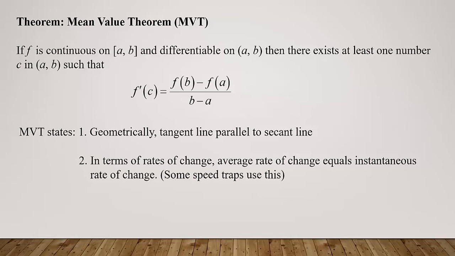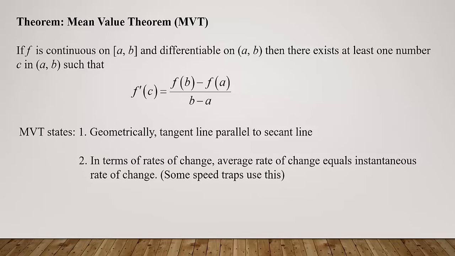And I'm mentioning here again that some speed traps are predicated on this. You can be clocked over any given distance to see how long it takes you to travel the distance. That gives you your average rate of change, or your average velocity over a given distance.